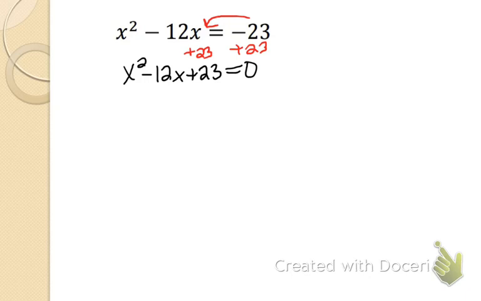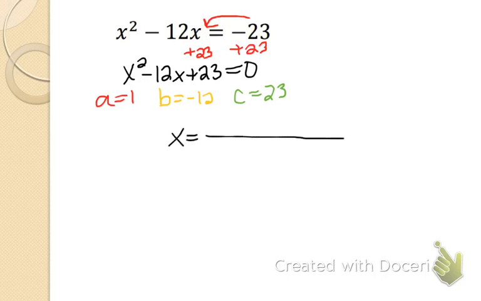So next we identify our a, b, and c value. A is 1, b is negative 12, and c is 23. Now you're probably thinking, again, a is 1. Yes, again. Right now you're going to see something different. So once you identify them, you can start substituting these values into the formula.